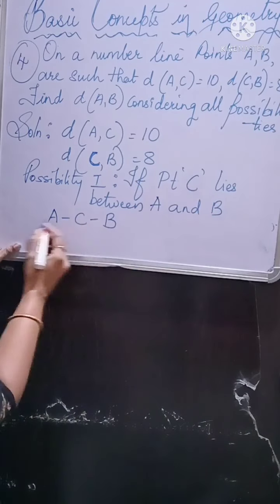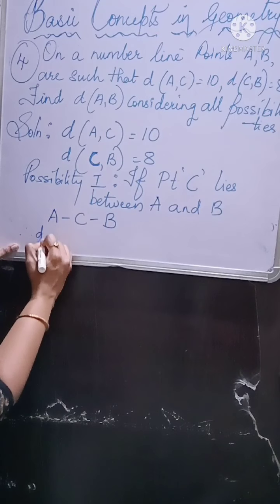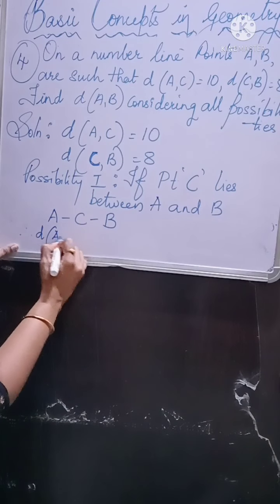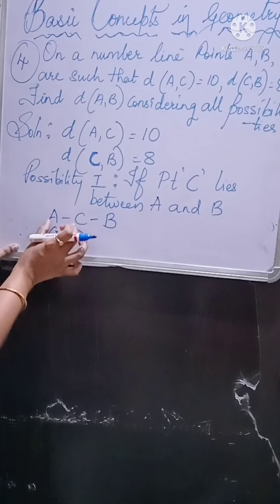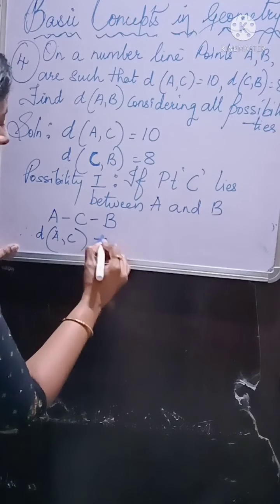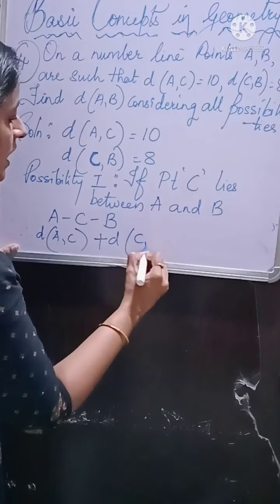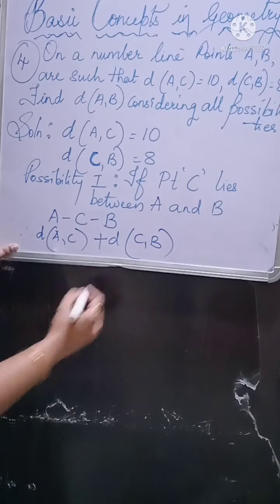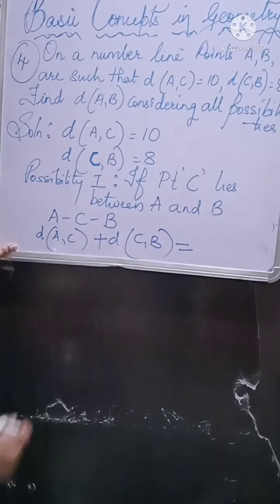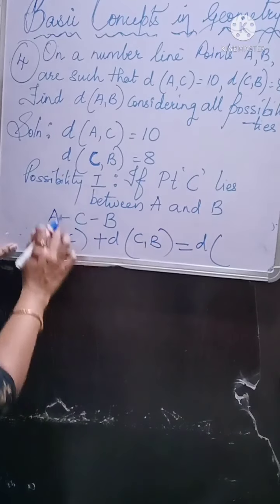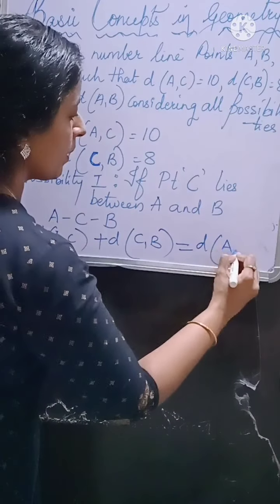What is the formula? Therefore, distance between A comma C, first and second, plus distance between second and third, C comma B, is equal to distance between first and third, A comma B.